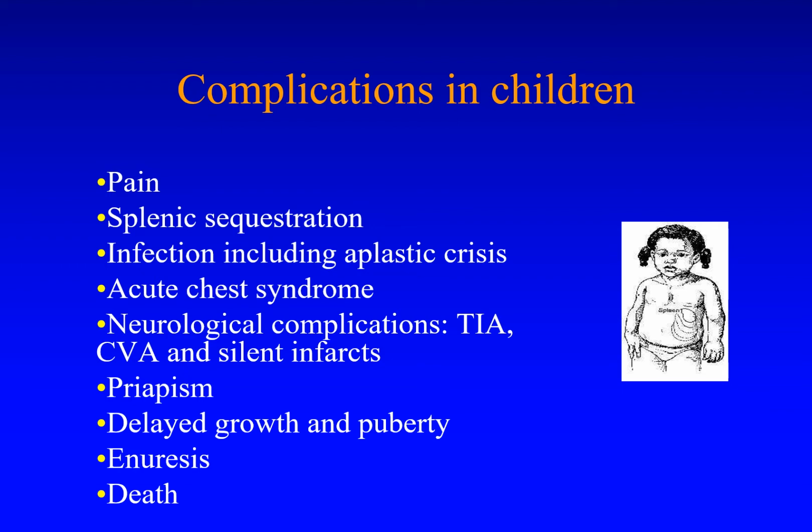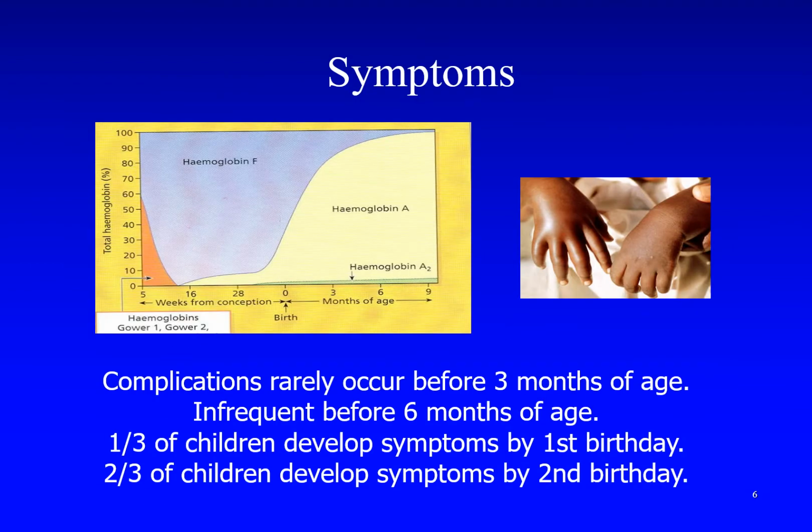Infection is also a big risk in these children and in all patients with sickle cell disease in view of the hyposplenism, which is why they go on to penicillin prophylaxis. So the symptoms that we see early on are dactylitis.